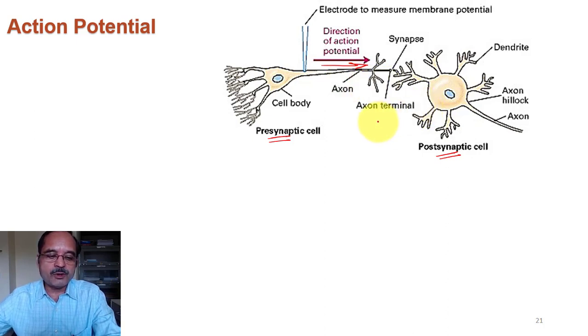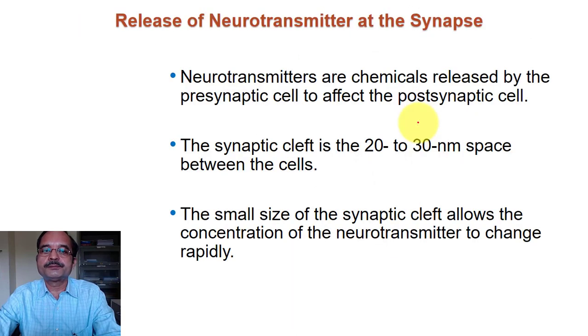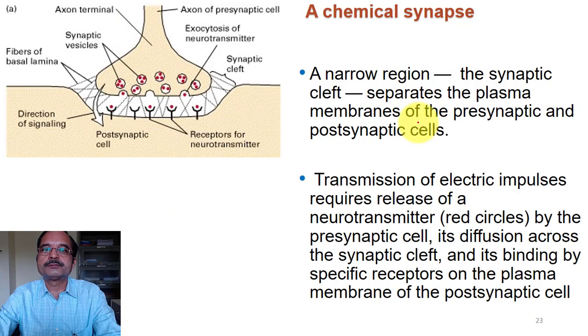There are two types of synapses, as I have told you, the electric synapse and the chemical synapse. In this type of synapse, the axon terminal of the presynaptic cell contains vesicles filled with a particular neurotransmitter.